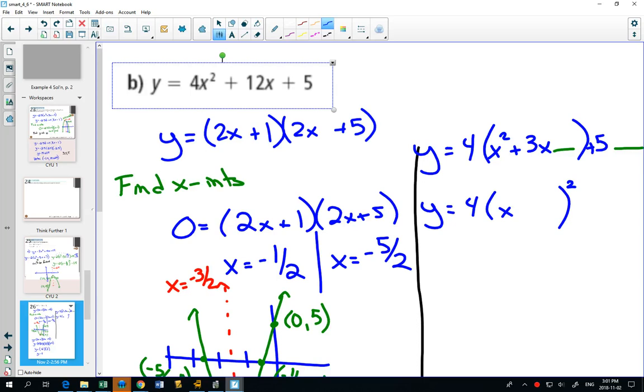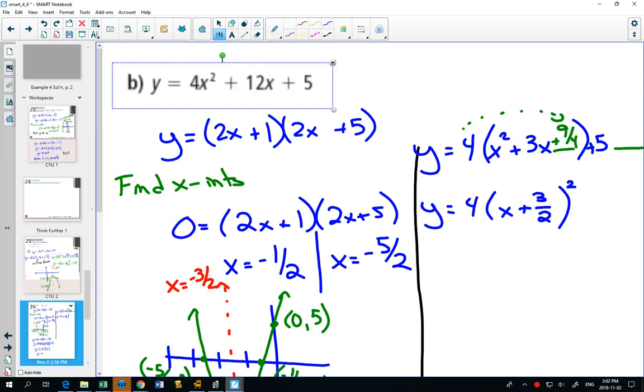To get a plus 3, this would have to be plus 3/2. And then in our first green space would be plus 9/4.